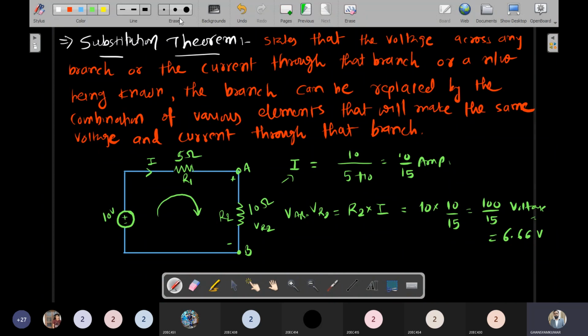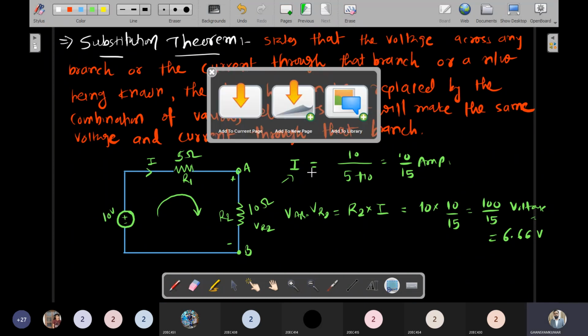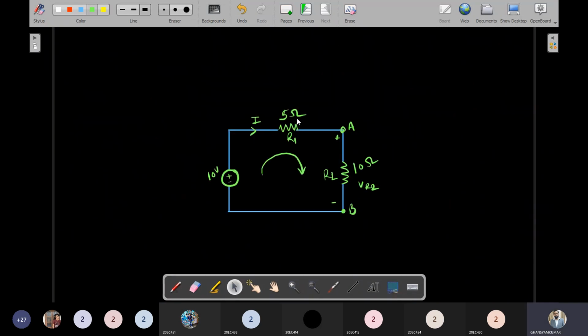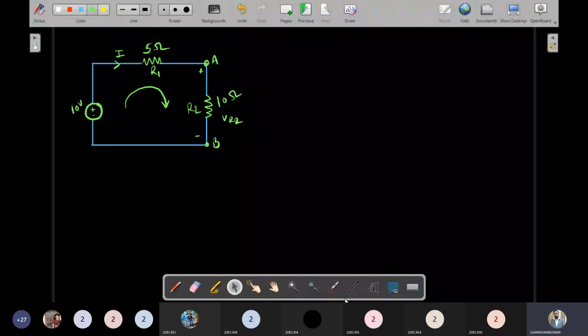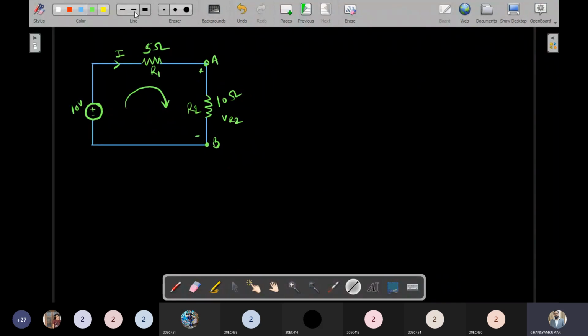Now I want to replace this. I'm taking this on a new page and drawing a new network with a replacement. This is the network, but across AB I'm going to draw some other element and check the property.